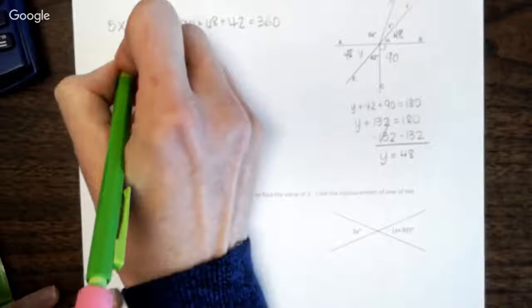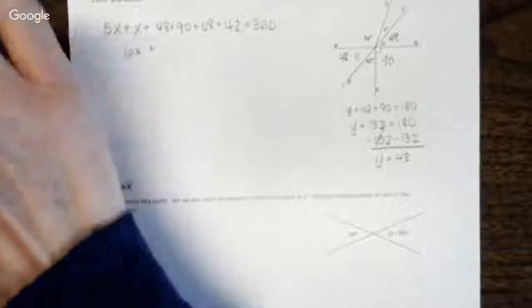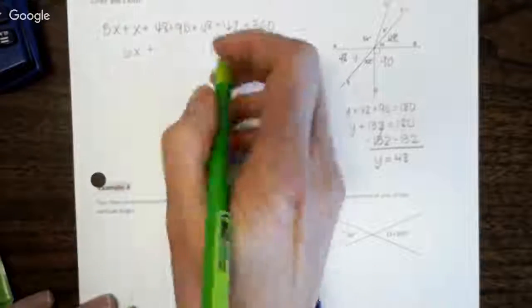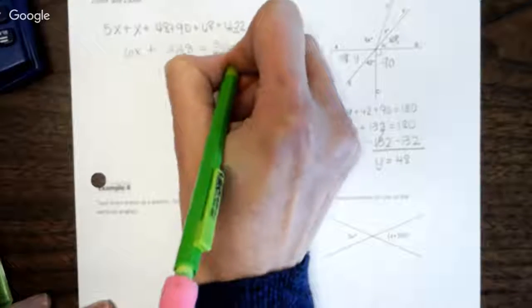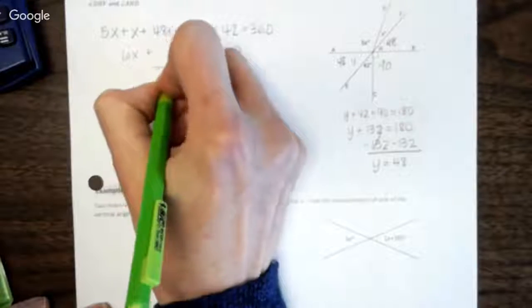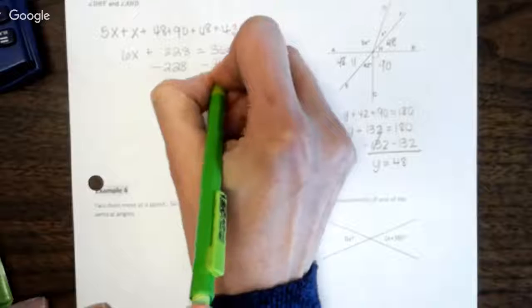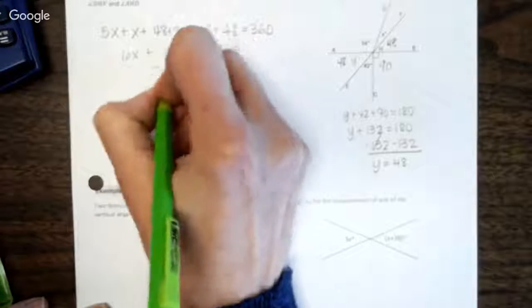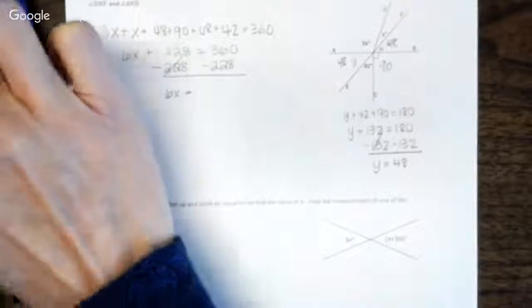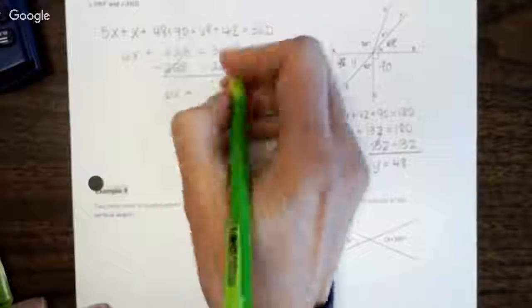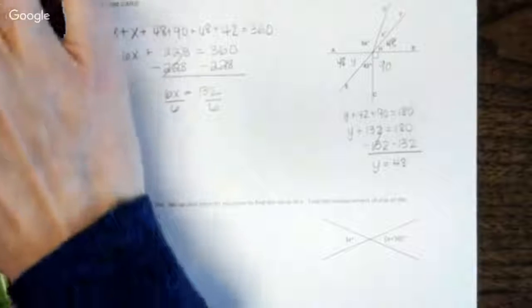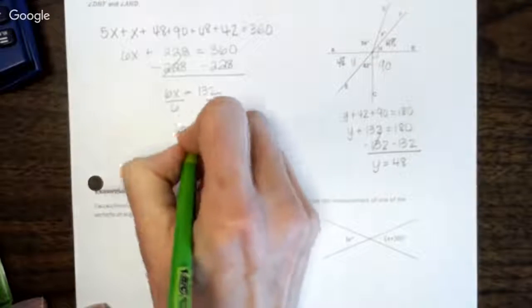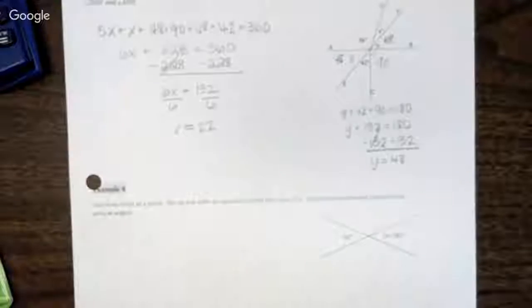All right, 5x plus x is 6x, 48, 90, 48, and 42 is 228. Subtract 228 from both sides. So 6x is equal to 132. Divide both sides by 6, and x is 22.